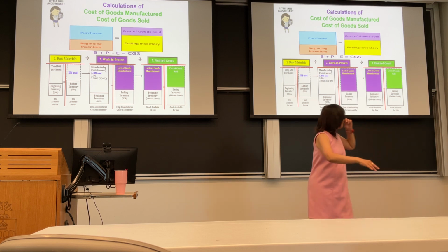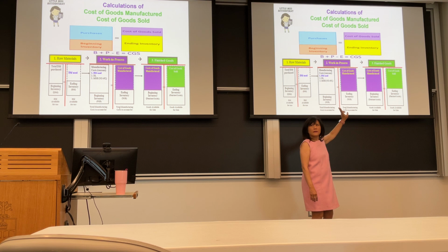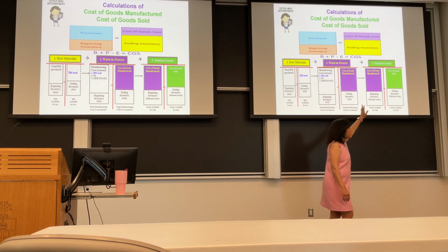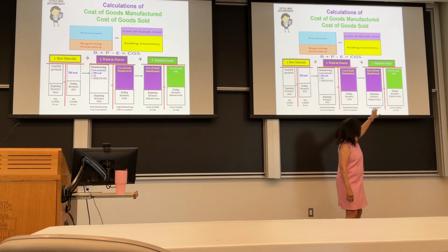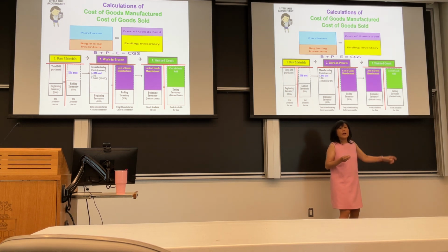So this finished product has material, labor, and overhead. When they go over here, if you have leftover in finished goods, you cannot see overhead in there, you cannot see the labor in there, but each and every leftover not sold product has direct material, direct labor, and overhead.